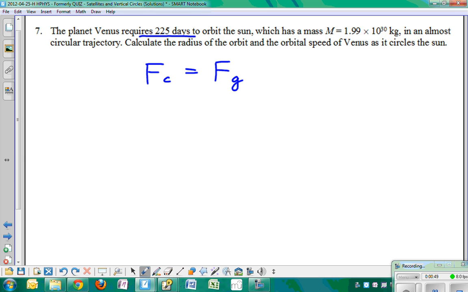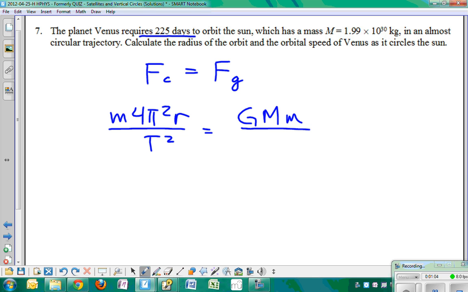All right, so centripetal force is equal to m times 4 pi squared r over T squared, and we're going to set that equal to the gravitational force acting between the sun, big M, and Venus, little m, and that goes over r squared. Okay, so we're going to cancel out the mass of Venus, and we are looking for the orbital radius.